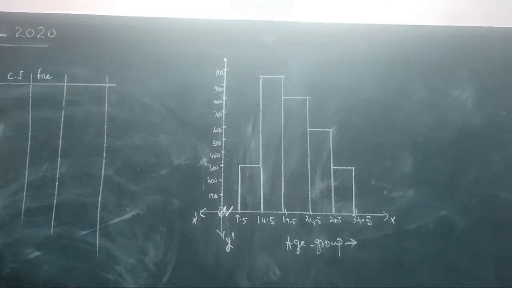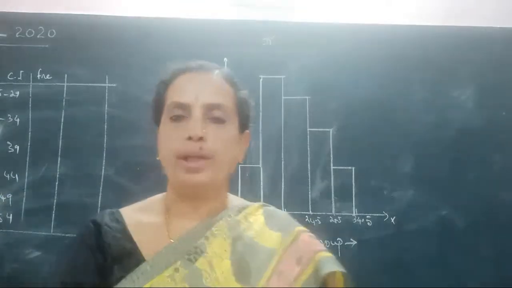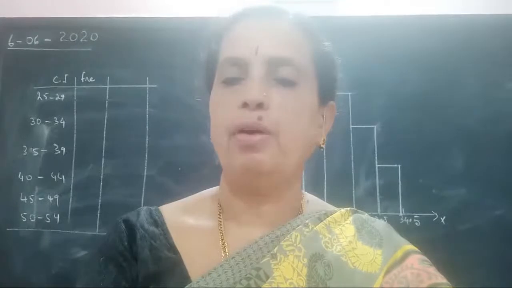Class interval is 25 to 29, 30 to 34, 35 to 39, 40 to 44, 45 to 49, 50 to 54. So by seeing the table itself, you can guess it is not in continuous form.